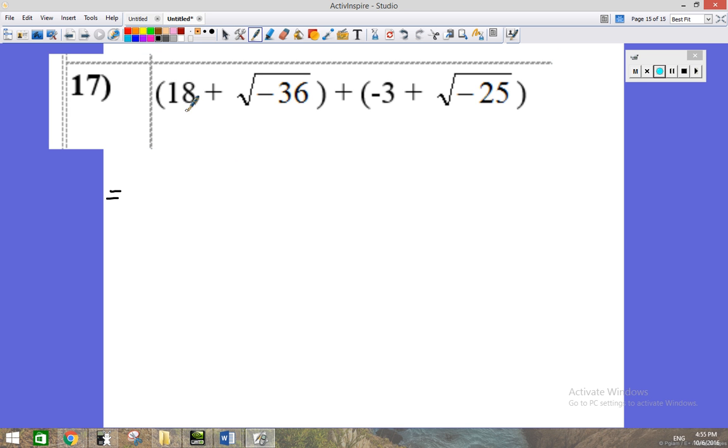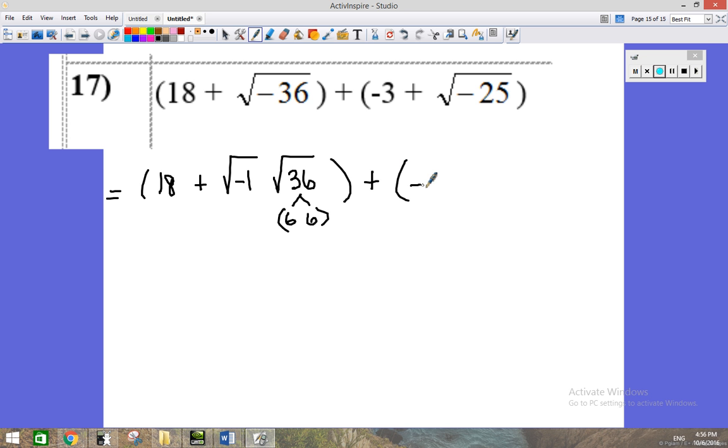We're grouping together these first two numbers, because that's a complex number. We have a real part of 18, and this is going to turn into an imaginary part because we're going to break apart the square root of negative 36 into the square root of negative 1 times the square root of positive 36, and 36 breaks down to 6 times 6, so we have a pair of numbers. We can simplify that square root. We've got a negative 3.